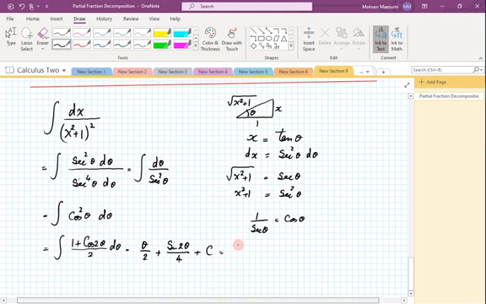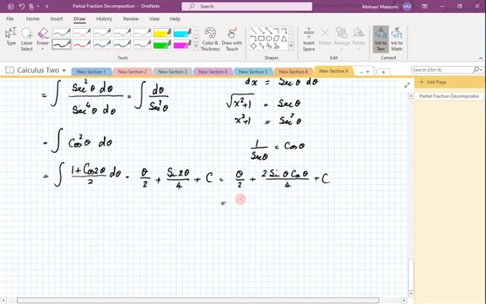Well, theta over 2 nicely sits there. Sine of 2 theta, I can write as, we had seen this just a few minutes ago, sine theta cosine theta over 4. Then we have theta over 2 plus 1/2 of sine theta cosine theta plus c.